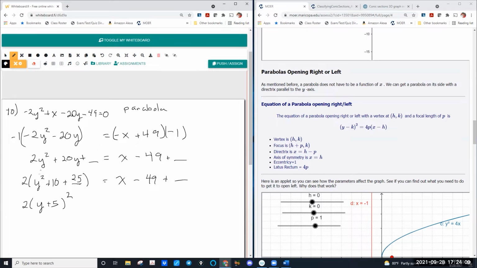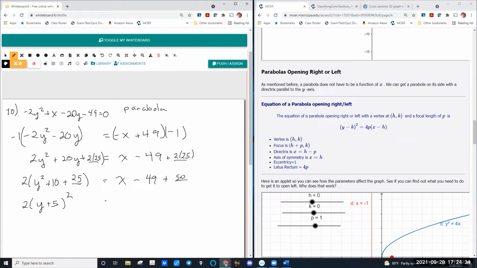So the number that goes here, remember, anything in these parentheses is getting doubled. So let's write it this way so that it's really obvious: 2 times 25. If I add 2 times 25 to that side, I've got to add 2 times 25 to this side to keep everything balanced, or 50.